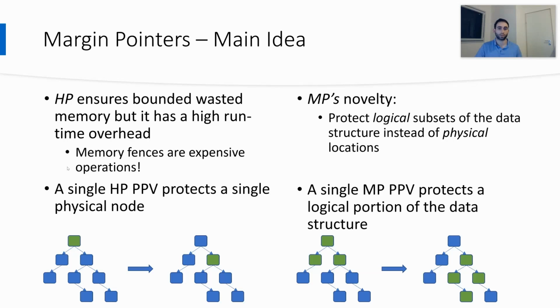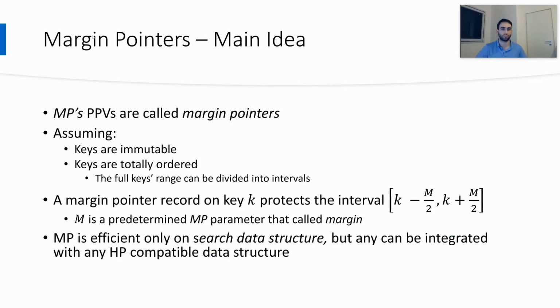In contrast, MP protects an interval of keys, all of which are within a margin, or distance, from a given key. Because this interval can protect several nodes, a thread can access multiple nodes without updating any margin pointer record. This significantly reduces the runtime overhead of MP compared to HP.